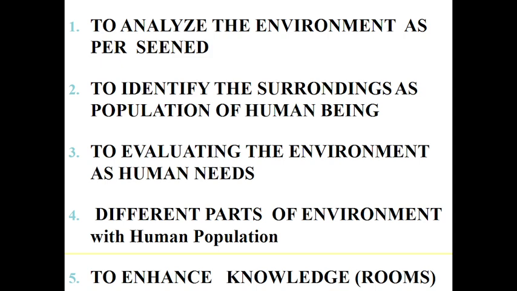Then we have the environment part. All of you know the biotic component and abiotic component. The biotic component of the environment is the different plants and animals. Animals may be in water, on land, or in air, so many kinds.